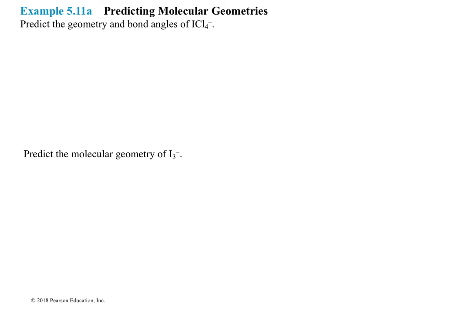For ICl4 minus, we are going to have 7 plus 7 times 4 plus 1, so 36. So I have iodine, 4 chlorines, 2, 4, 6, 8, 10, 12, 14, 16, 18, 20, 22, 24, 26, 28, 30, 32, 34, 36.